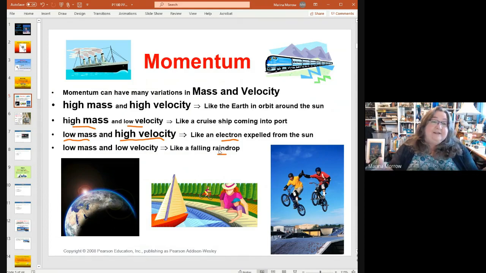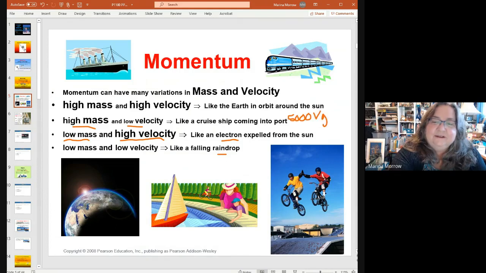So sometimes you could have something that has a high mass and a low velocity, but it's got the same momentum as something that has a low mass and a high velocity, right? So you could have something that is a high mass, so let's just give something, let's say it has 5,000 kilograms, but it's only moving 1 meter per second.